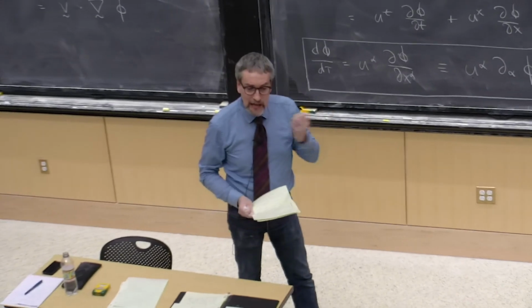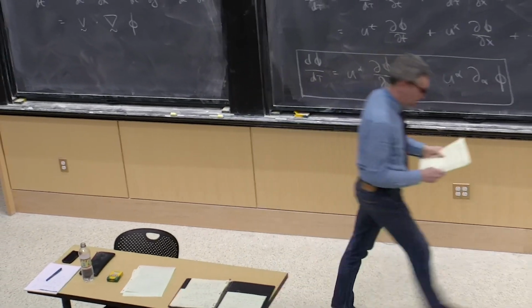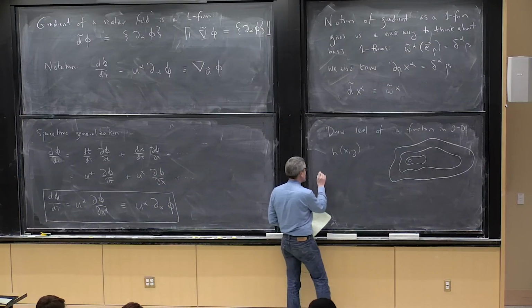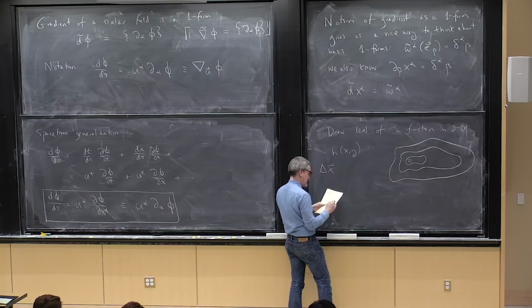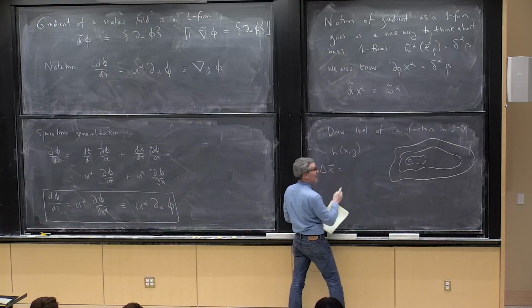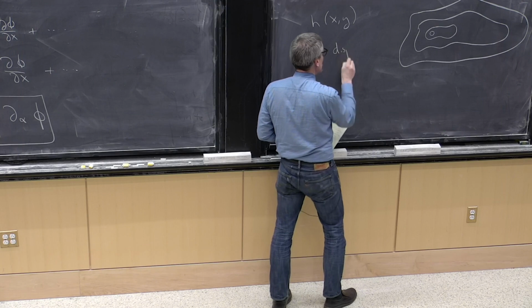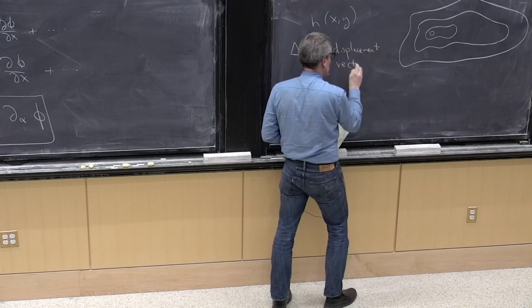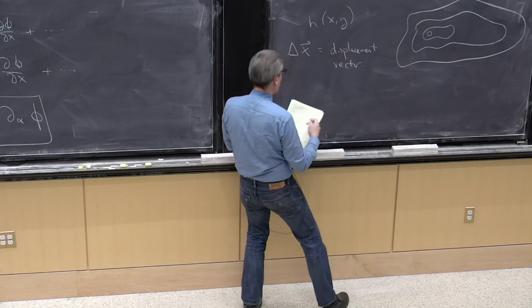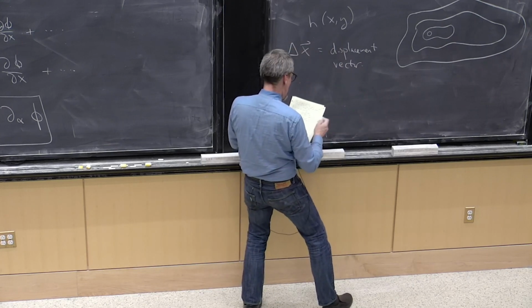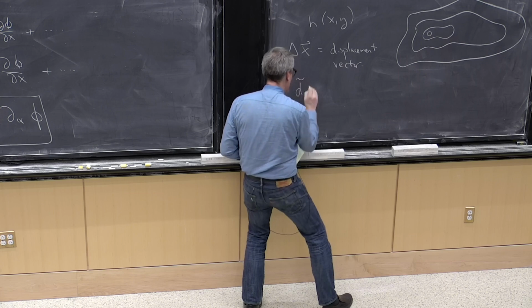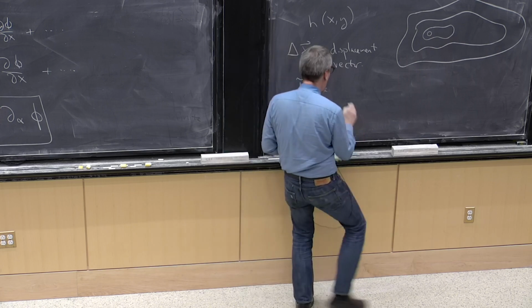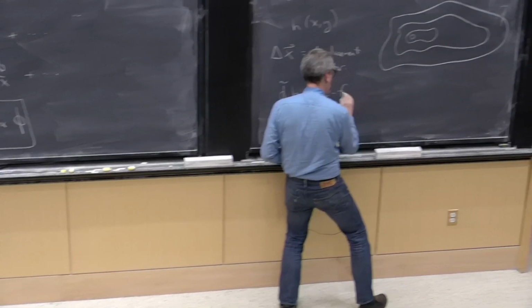Let's put this into the language of what we are looking at right now. Let delta x be a displacement vector in the xy plane, and dh is going to be my one form of my height function.